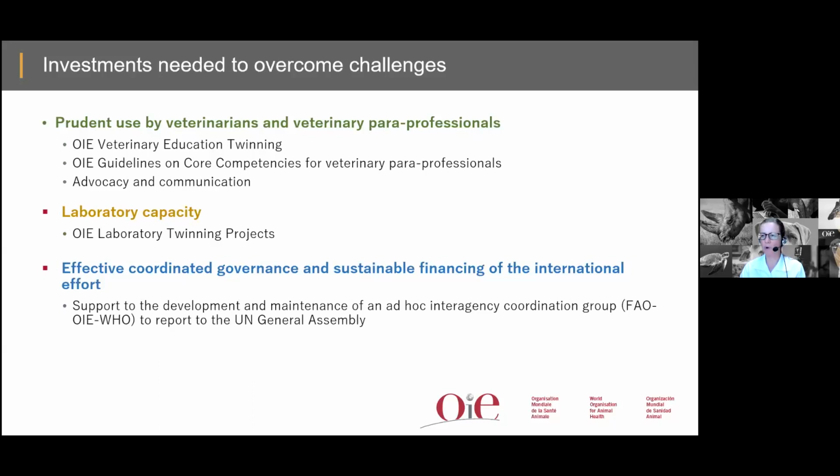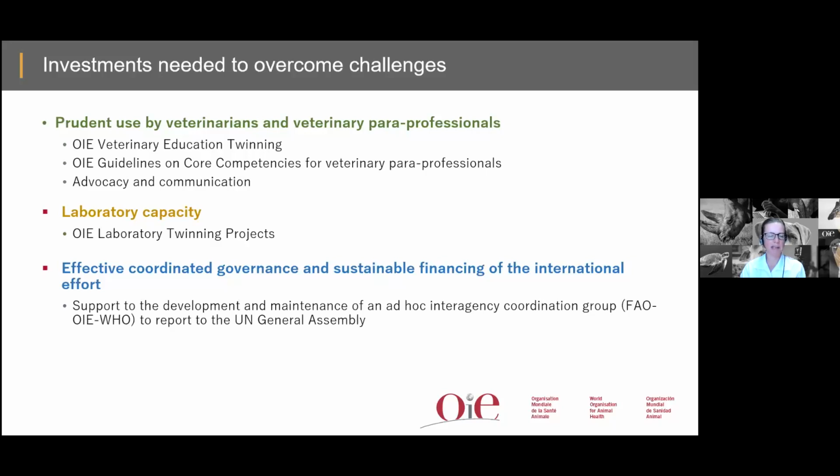Depending on what their needs are, this might be, for example, to help improve their curriculum or their teaching capabilities, or making sure that they're covering some of the competencies that are in the OIE guidelines. There are guidelines for veterinary paraprofessionals and also first day veterinarians. And we will really be focusing on advocacy and communication with these stakeholders.